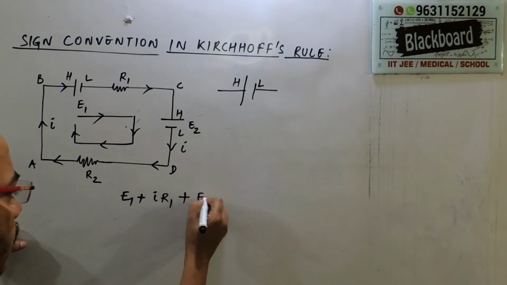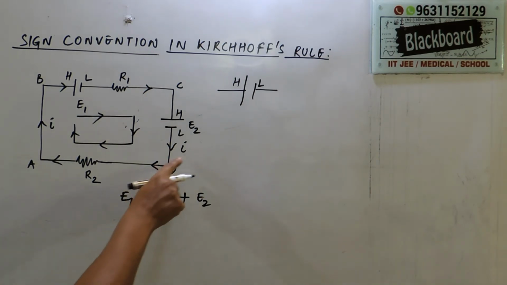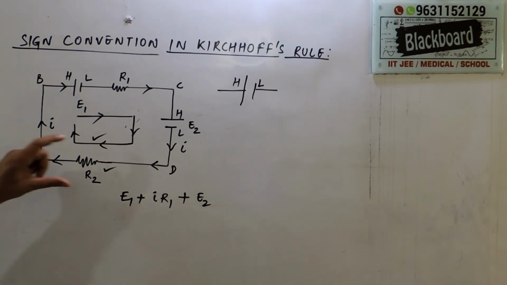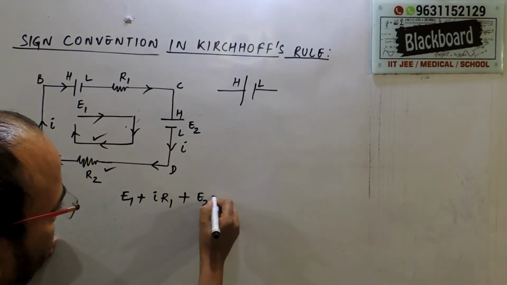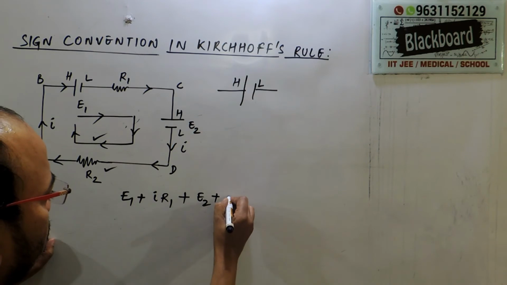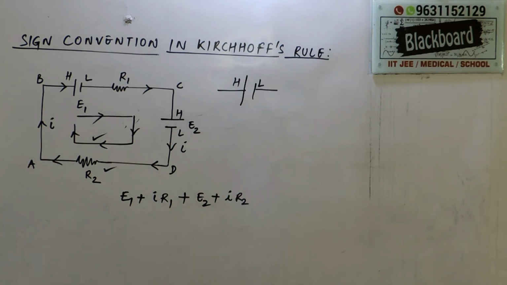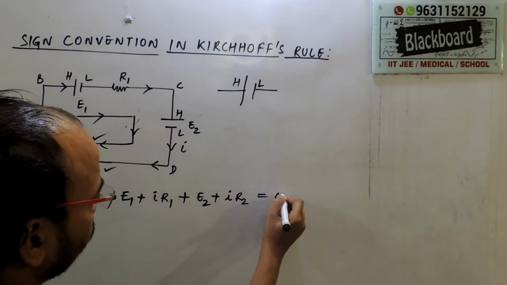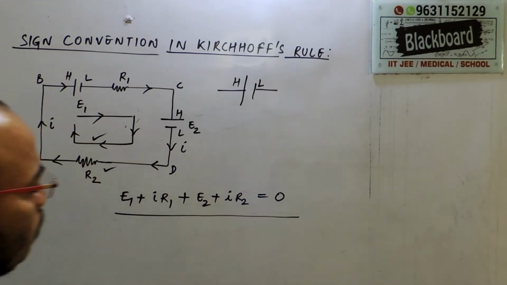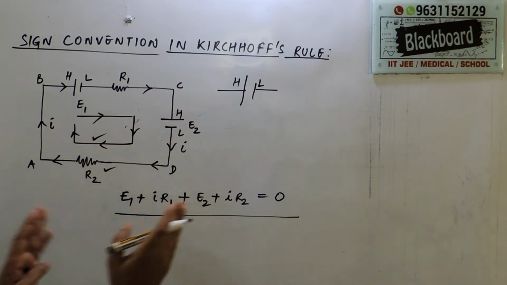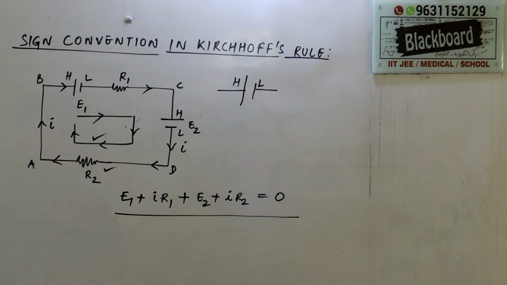So E2 is positive again. Here both are in the same direction. देखिए assumed loop ये हो गया और ये current का direction both are in same direction. That means here I R2, and this sum is equal to 0. तो देखिए using sign convention and Kirchhoff's rule we have written this equation, and now this equation is useful.